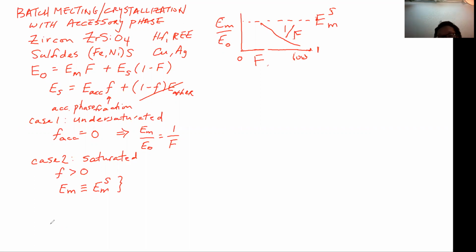Then what that would mean is that once you hit saturation, from that point on, the melt composition must follow that at saturation. So here it's saturated, here it's undersaturated.